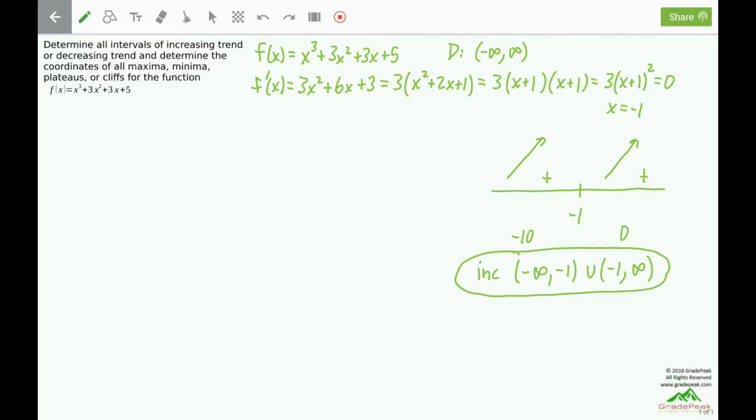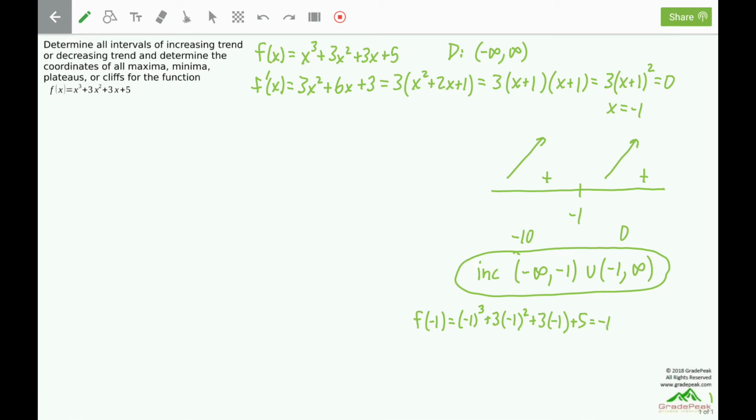And we can find the corresponding y-coordinate by plugging the x-coordinate of negative 1 into the original function, f of negative 1, which will be negative 1 cubed plus 3 times negative 1 squared plus 3 times negative 1 plus 5.